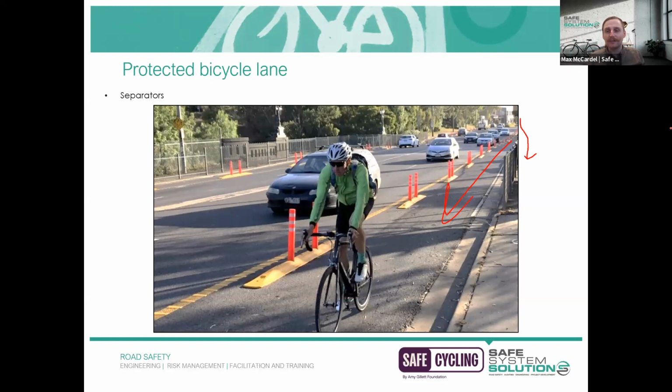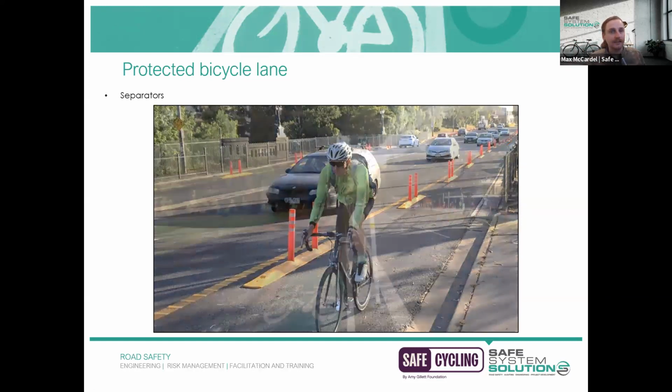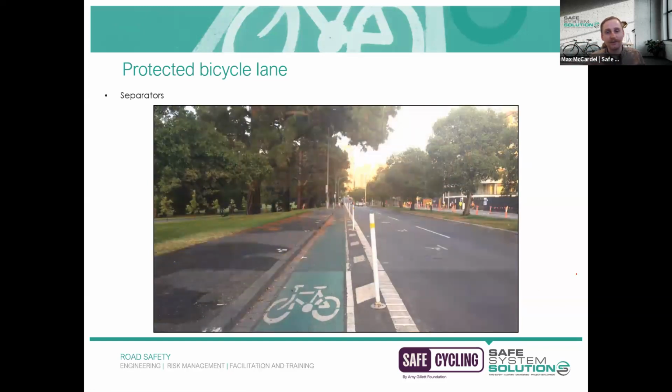I'll go through one more slide and then I might pause for a break. So just one last separated treatment that I've got here. This one is just like a flexible bollard without anything else on the carriageway pavement there. It's a little bit of a strange one because this adjacent lane is a clearway, so at some stages of the day, parking is permitted.